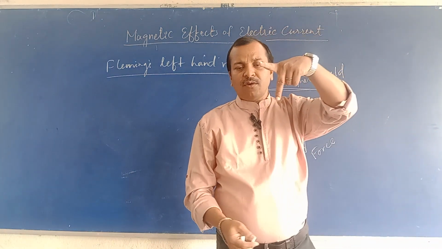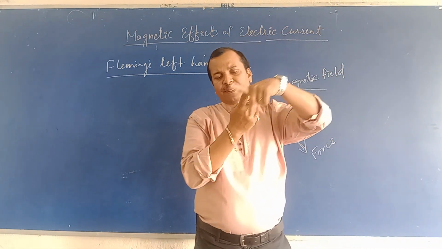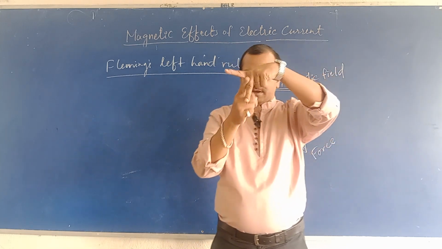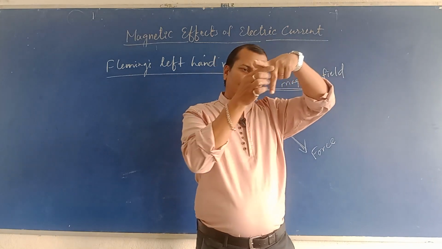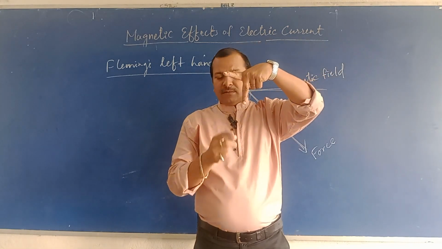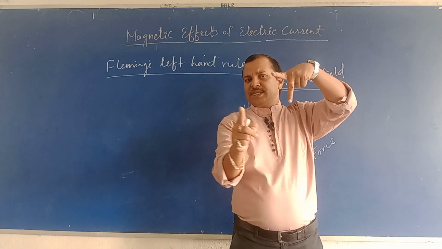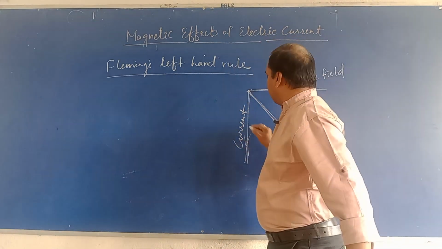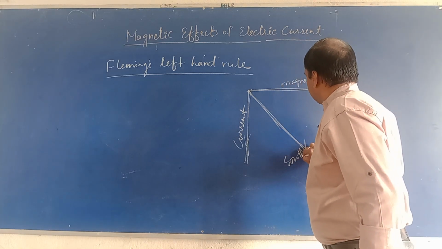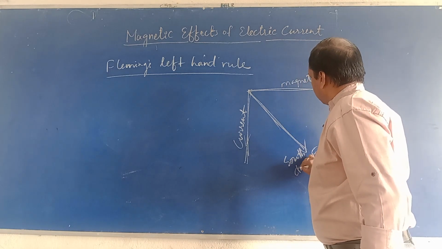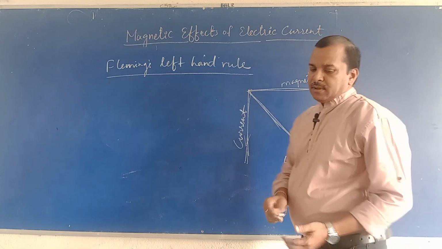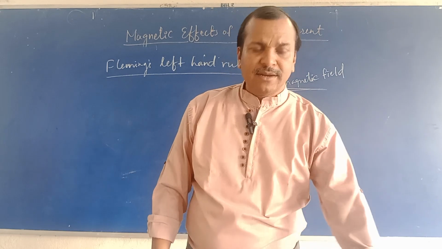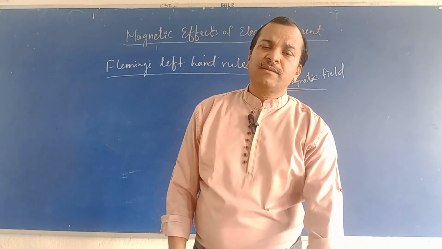So hold your thumb, forefinger and middle finger like this. The middle finger is your current. When the current is downward and the magnetic field is eastward, the force will be southward. Clear? This is Fleming's left hand rule. Nothing to write, only this much you have to understand. Then definitely this will come in your exam.